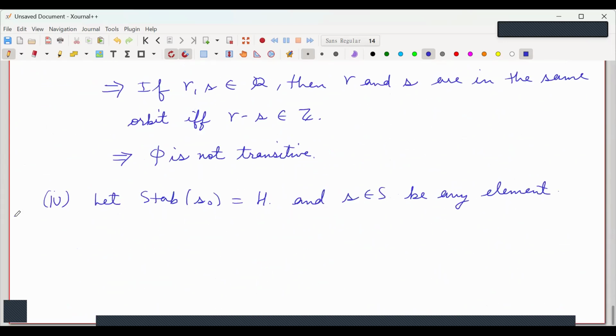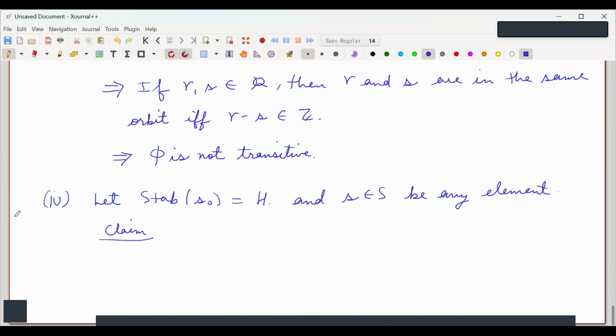So let some g belong to the stabilizer of s. First of all, what is the claim?